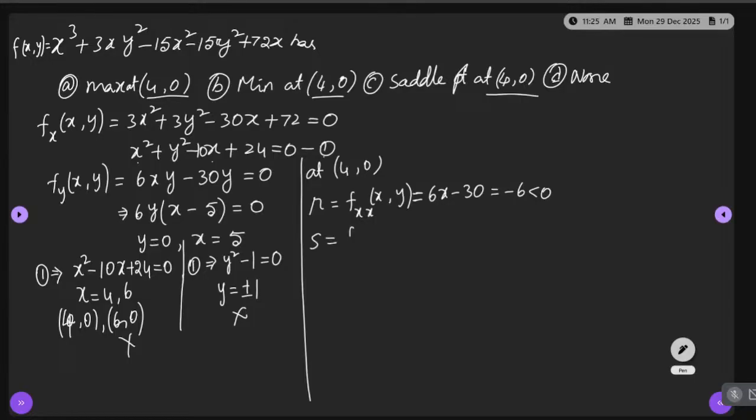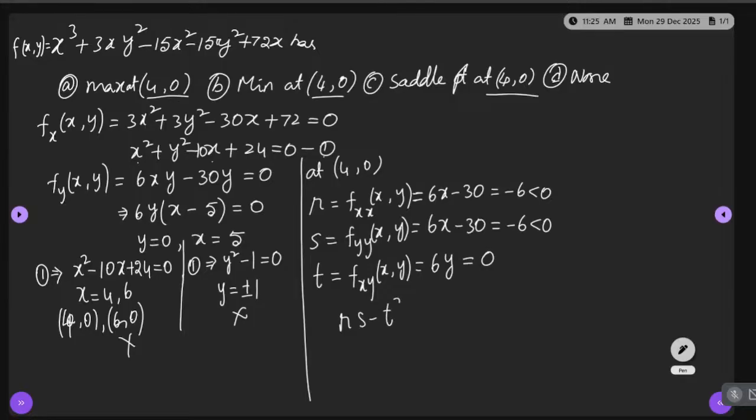S equals to f_yy, which is 6x minus 30, again minus 6, less than 0. T equal to f_xy, differentiate with respect to y, that is 6y, which equals to 0. Rs minus t square is equal to 36 minus 0, positive.